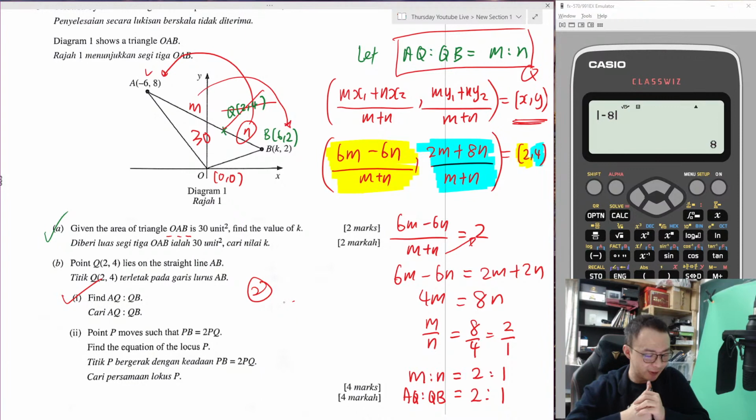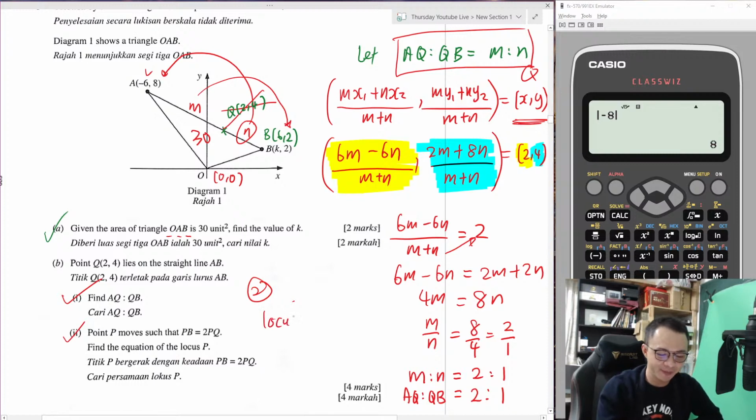Alright, so let's continue to part 2. P moves such that PB equals to 2PQ. Find the equation of locus P here. Alright, so like I say, if you watch some of my tutorials, I always say whenever the question asks you to find the equation of locus, always think about distance formula.